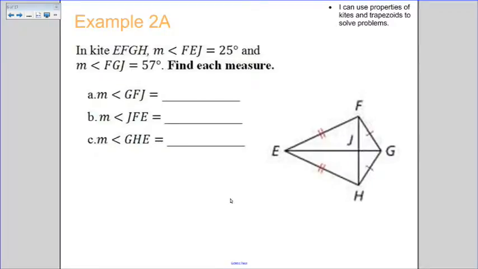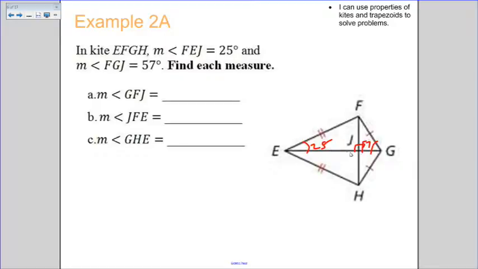Okay, let's look at this kite EFGH. We know that angle FEJ equals 25 degrees. So FEJ, right here, 25. And FGJ equals 57. FGJ, right here, 57. So what does that mean about the measure of GFJ? Well, I know because it's a kite, these diagonals are perpendicular.